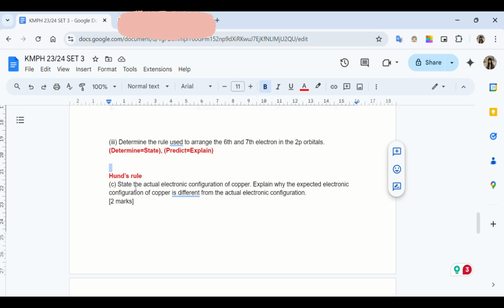State the actual electronic configuration of copper. Explain why the expected electronic configuration of copper is different from the actual electronic configuration. So you have to answer 3 parts. The first part is to write out the actual electronic configuration, and then the second part is the expected one, and then the third part is to explain.